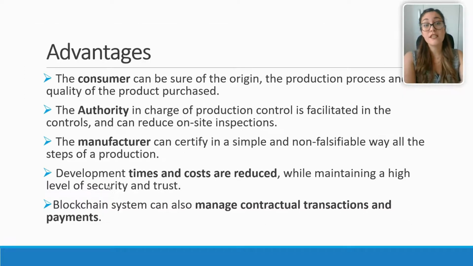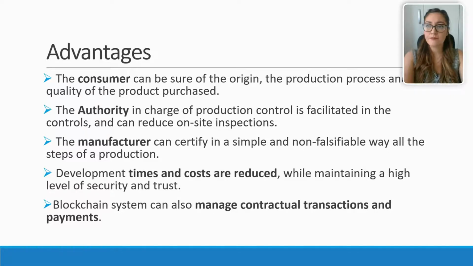So now let's talk about the advantages. Nowadays, with the globalization of the markets, traceability systems are important to ensure the safety of a food product and prevent food fraud in the food supply chain. Systems based on blockchain and smart contracts allow this traceability without the need of a third party.